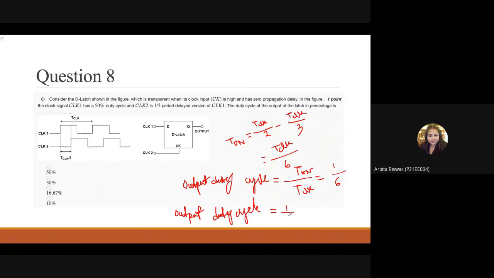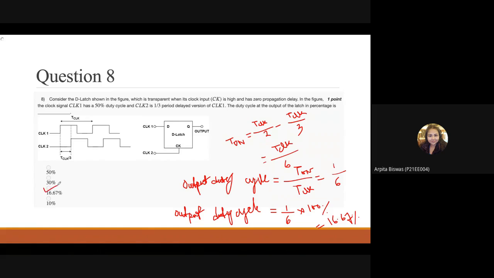Option C is the right answer. 1 by 6 into 100%. So please, for your exam, practice this type of question. 16.67 percentage. So the right answer is option C.